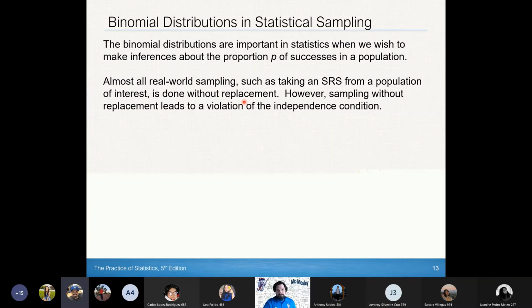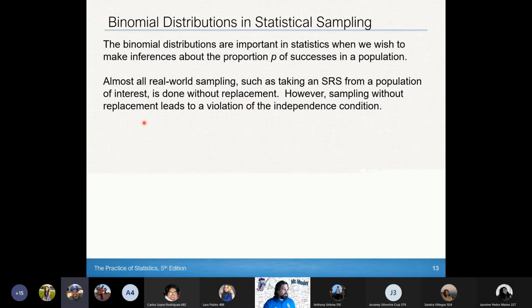Which means if we're looking at our traditional binomial setting, that violates independence. Right? If I'm sampling without replacement, that means the probability of success is being reduced each time I pull someone, because there's less people in the population at that point to sample from.